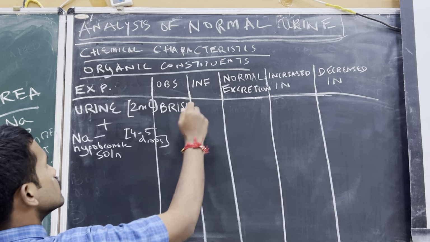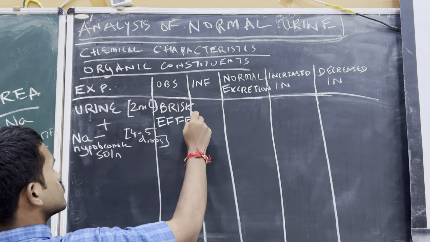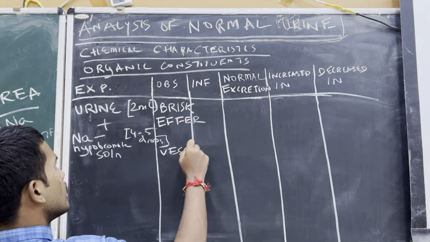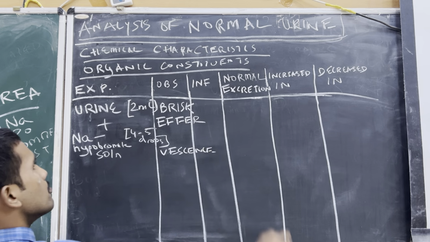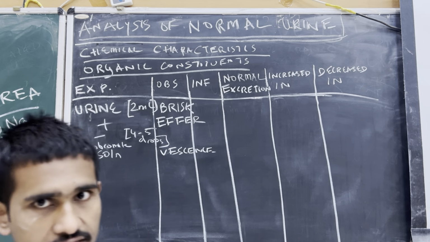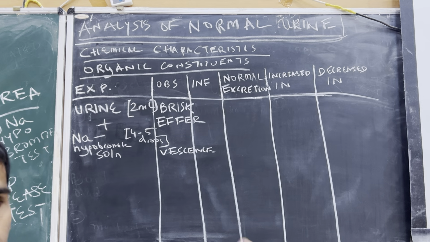Brisk effervescence. This brisk effervescence is due to nitrogen gas. So you'll see the bubbles. You have to show the bubbles to the examiner.